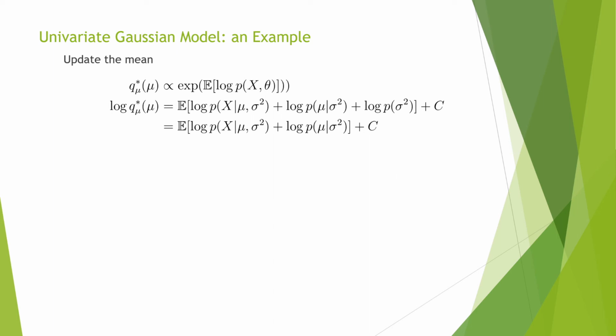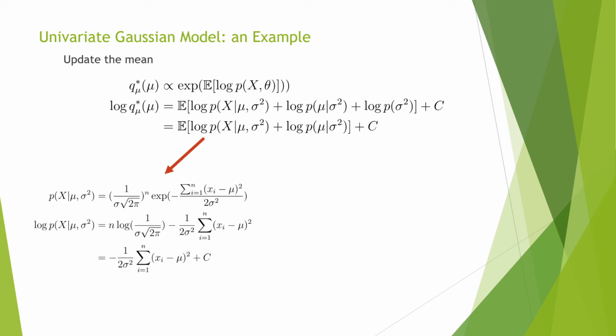So the first term in the expectation is simply the log likelihood. And since the model tells us that the data is IID normally distributed, we can easily express this quantity. We also shift the terms that do not depend on mu to the constant. And similarly, the log prior of mu can be expressed in a similar manner because it is also normal.